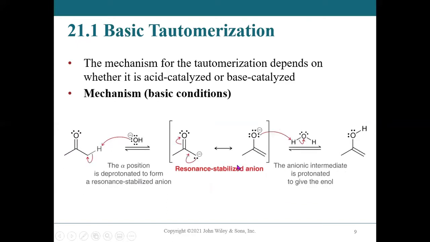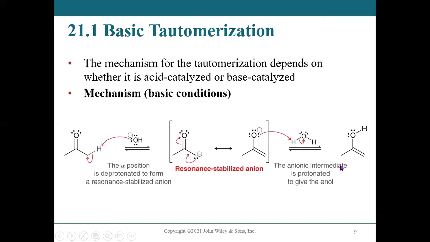Under basic conditions, we have this alpha hydrogen, and the base can take this hydrogen away and produce this negative charge on the carbon next to the carbonyl, which is also resonance stabilized. This is called the enolate.